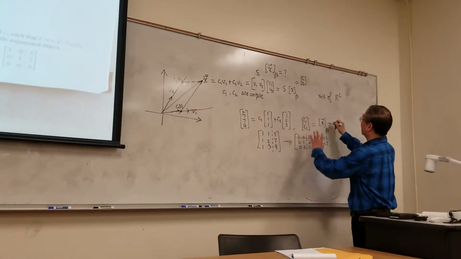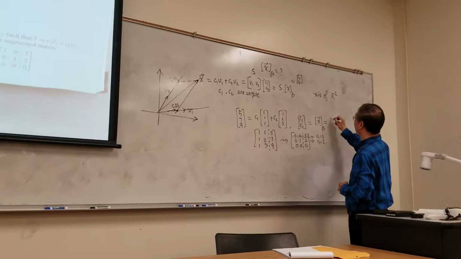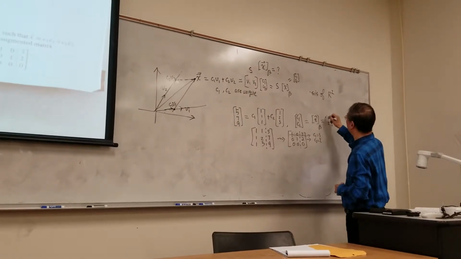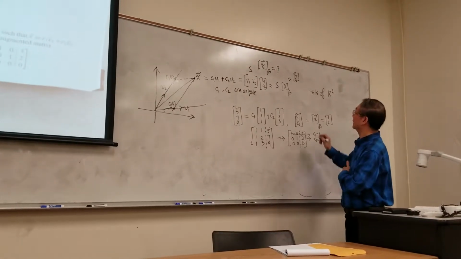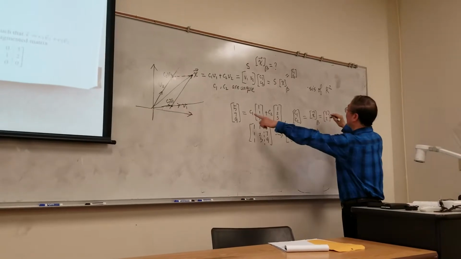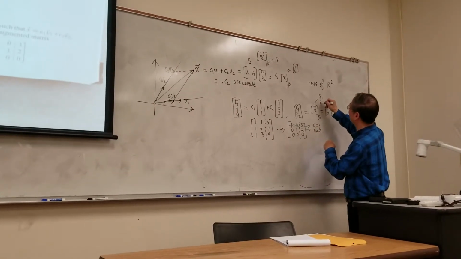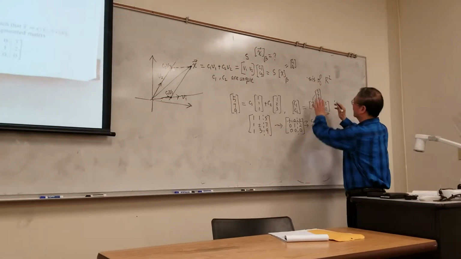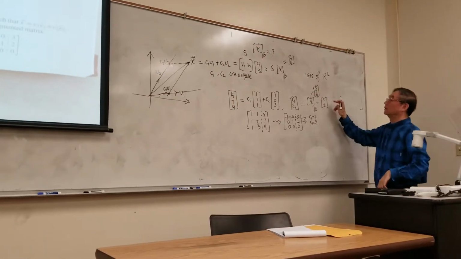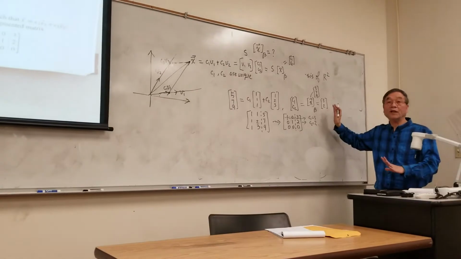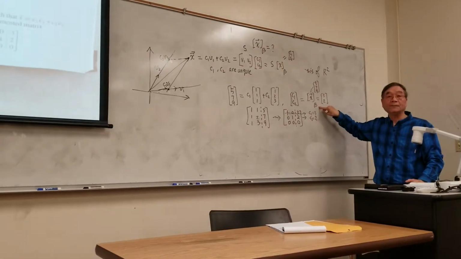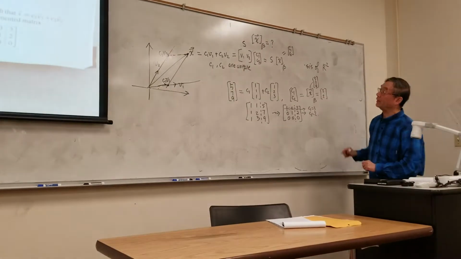So what do we get? 3 and 2. So this vector 5, 7, 9, its coordinate is 3 and 2, but it's relative to B. So what does that mean?